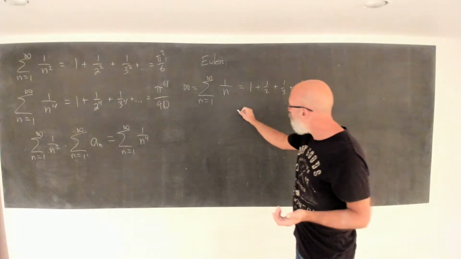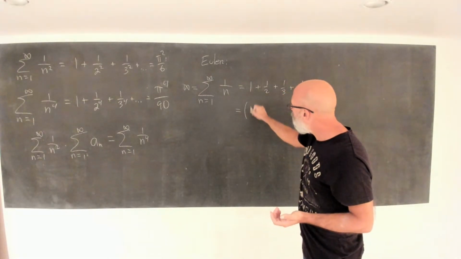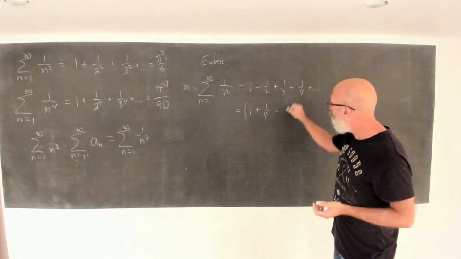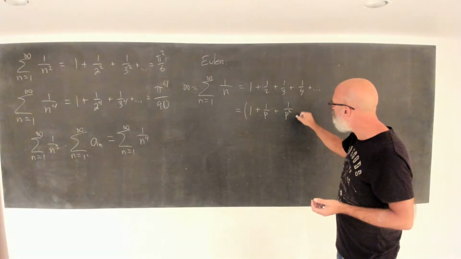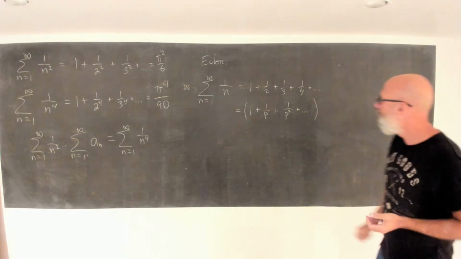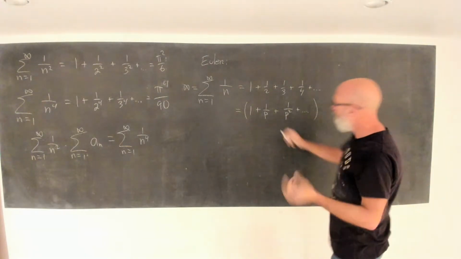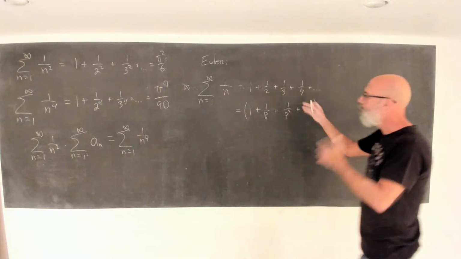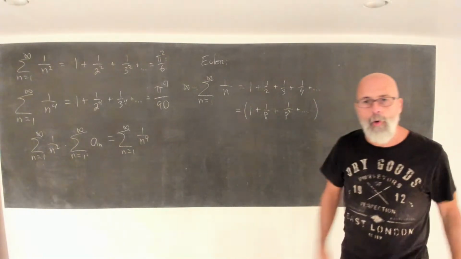So what if I took all those primes, all those powers of primes? Right? So, let's call the primes P, Q, R, and so on.